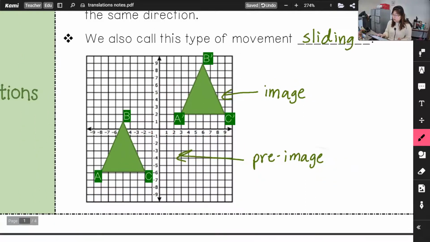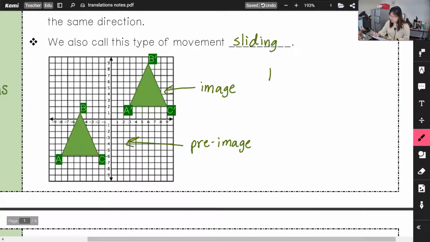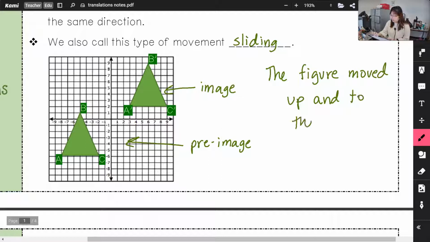Okay, so this shape, the figure, we would say the figure moved up and to the right. That is at its most basic, right?